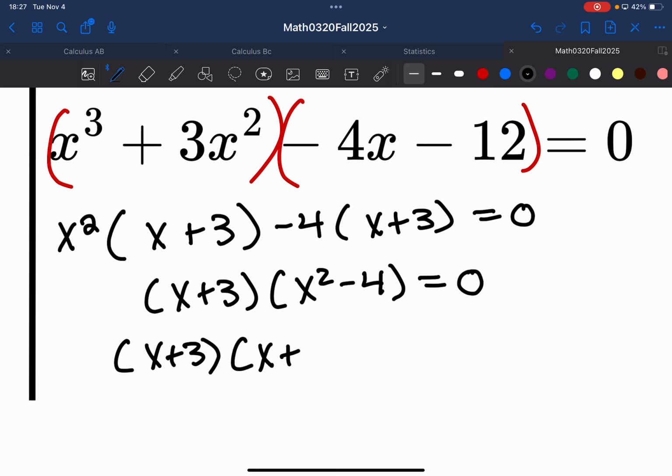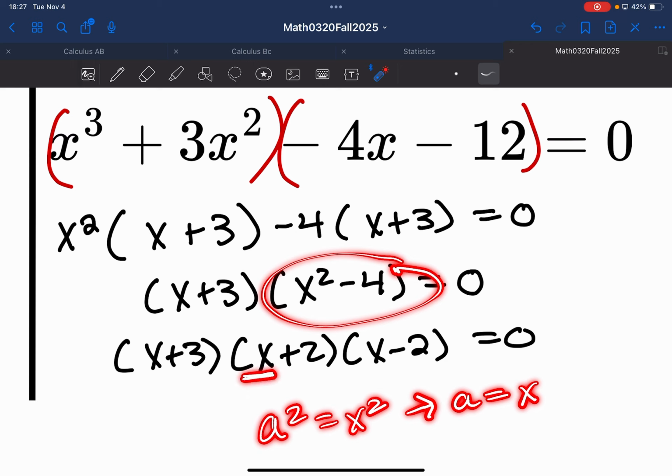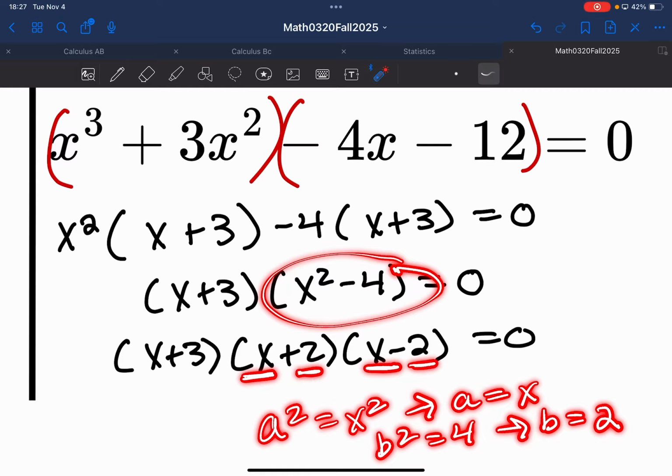X plus 2 and x minus 2. Again, we know that x squared minus 4 is the same as saying a squared equals x squared, so a equals x, and that's where we got these x's. Then b squared equals 4, which means b equals 2, and that's where we got the 2's.